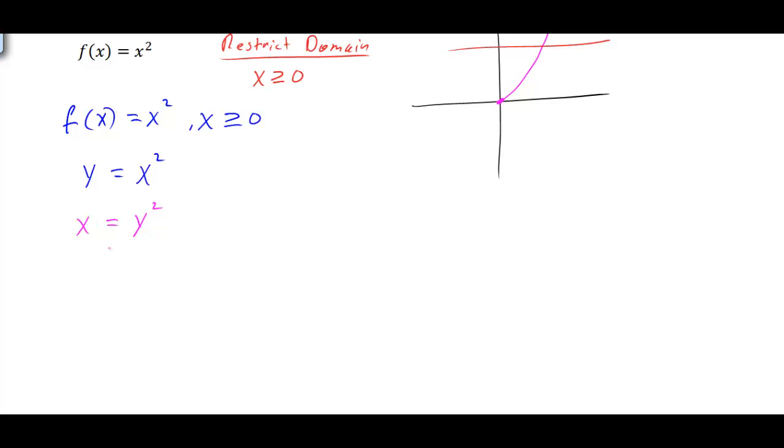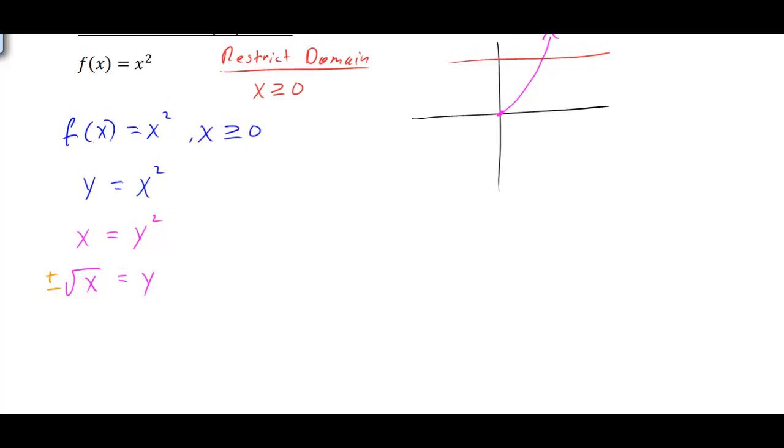Well, if we want to solve for y, then we're going to end up with taking the square root. So we would have the square root of x equals y. Now, keep in mind, if we take the square root, remember this would be really plus or minus. But if you recall, if we restricted our domain before here, then that means we're going to be looking at what?